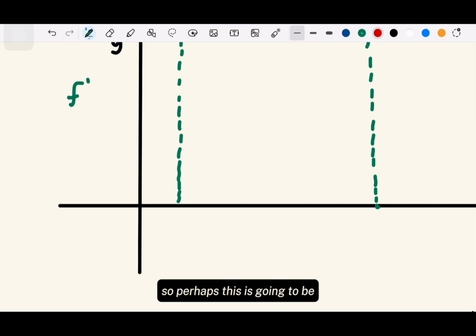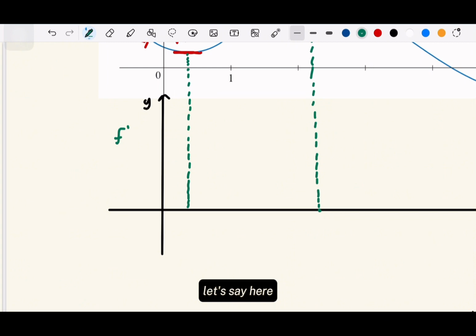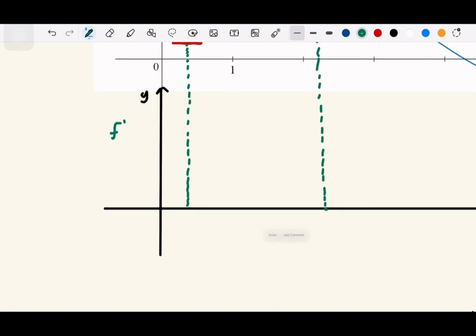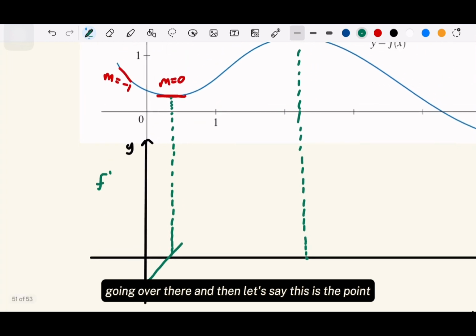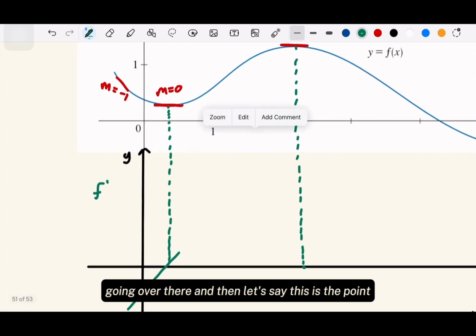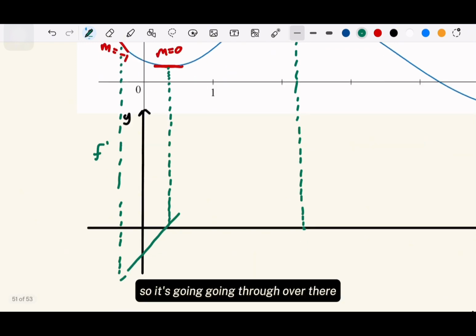So perhaps this is going to be, let's say here, going over there, and then let's say this is the point. So it's going through over there.